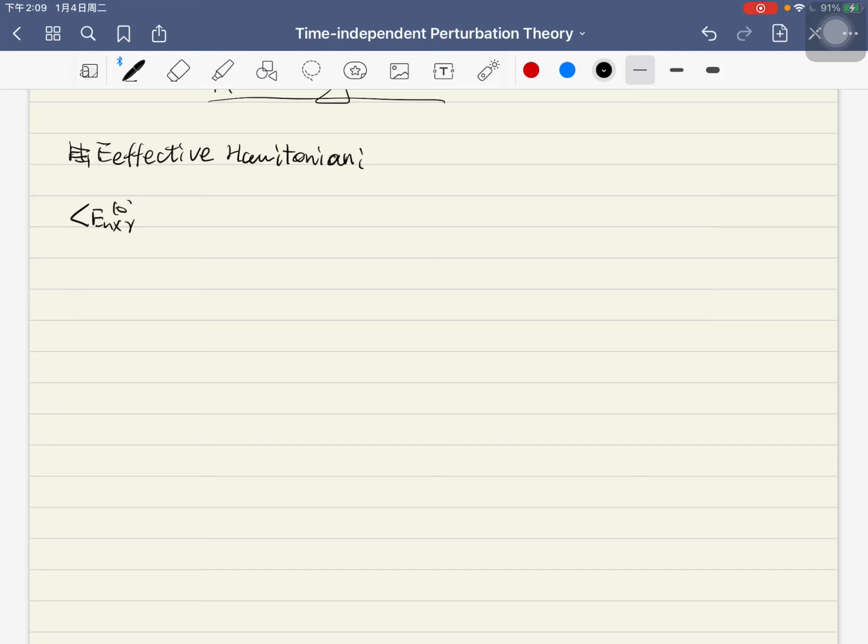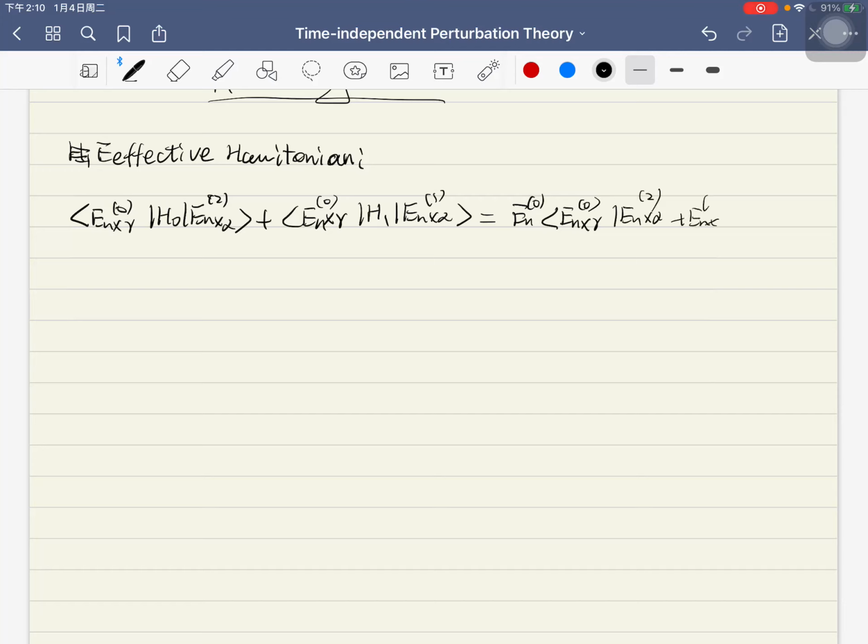E n x 0, E n x alpha 2 plus E n x gamma 0 1 E n x alpha first, E n0 E n x gamma 0 and E n x alpha 2 plus E n x 1 E n x gamma 0 E n x alpha 1 plus E n x alpha 2 E n x gamma 0 E n x alpha 0.